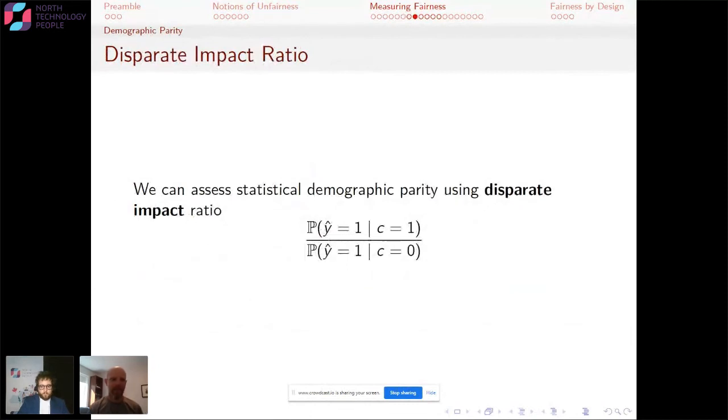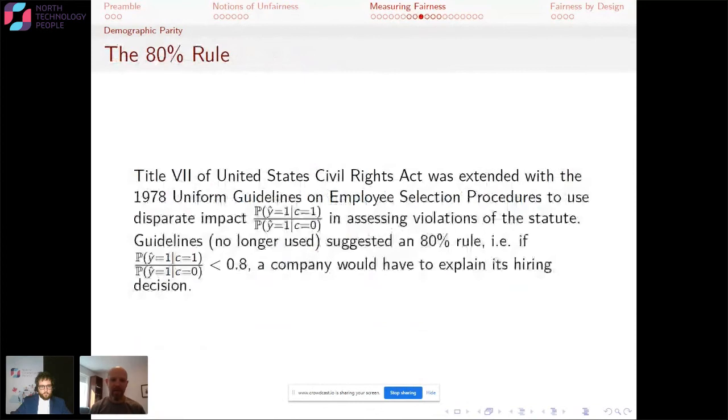You can assess statistical demographic parity using the disparate impact ratio. This is a particular metric that's been used in industry for many, many years to assess parity between the protected and non-protected groups. How likely is it to get a favorable outcome given that you are in the protected or non-protected group? For example, for hiring decisions, we would look at all the applicants from the protected group, all the applicants from the non-protected group, and look at the ratio of who actually got a job offer. This is something real.